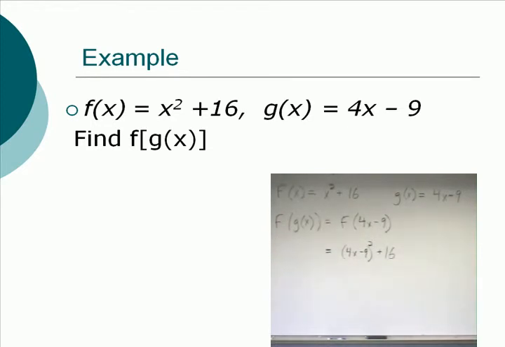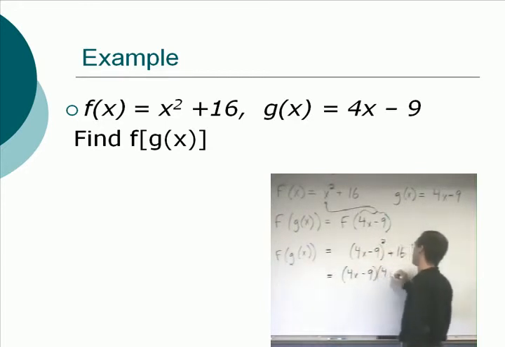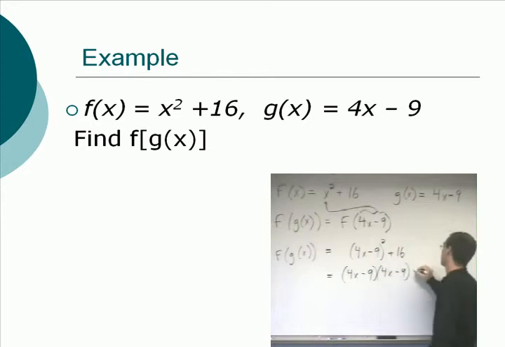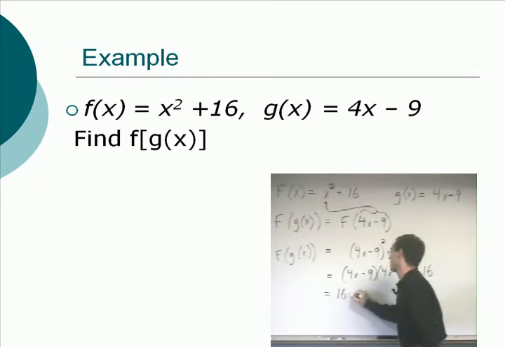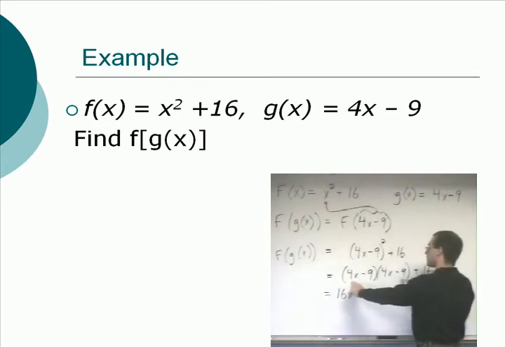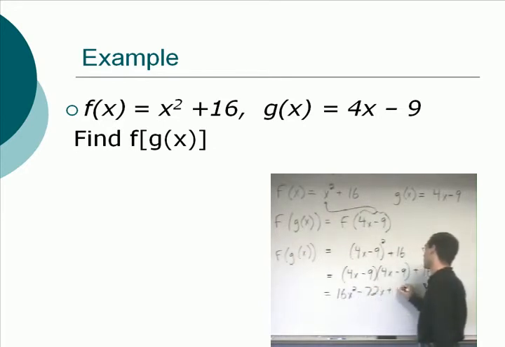We just need to simplify it. 4x minus 9 times 4x minus 9 plus 16, which is 16x squared minus 36x minus 36x, that's minus 72x, plus 81 plus 16.